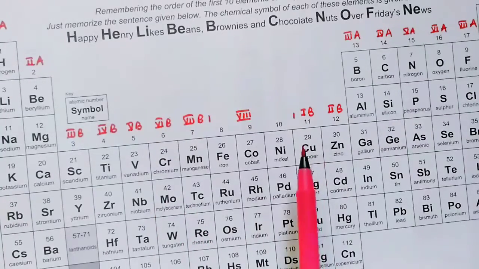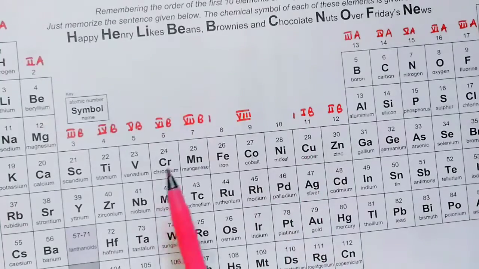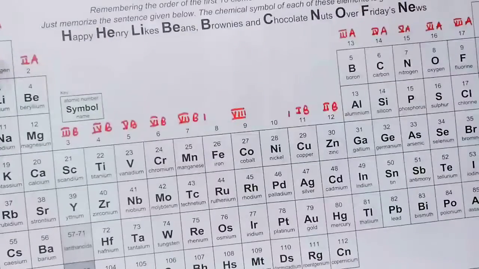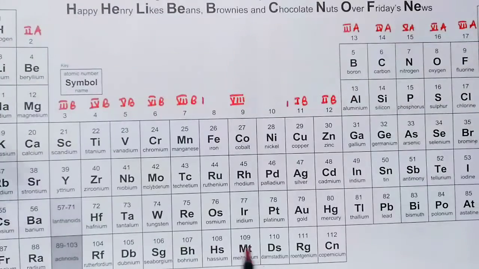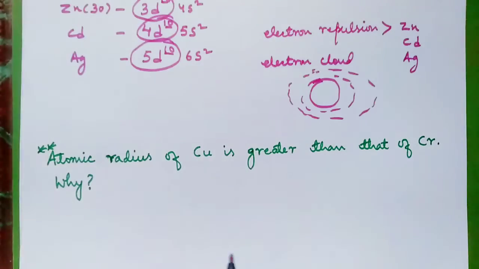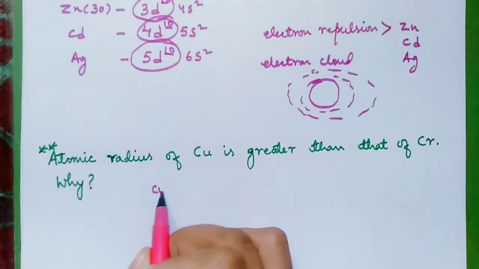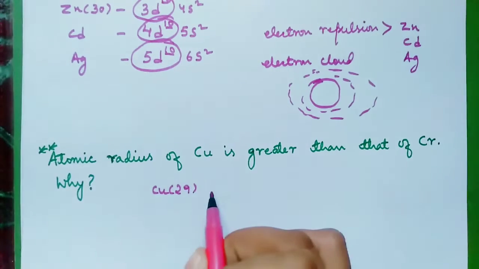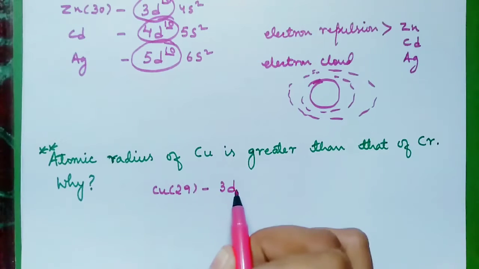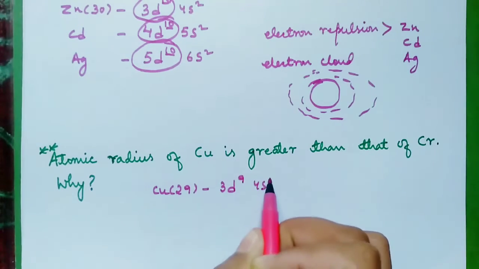But why is it that the atomic radius of copper is greater than that of chromium? That also we have to explain based on the electronic configuration. So look here. What is the atomic number of copper? It is 29. So the valence shell electronic configuration is 3d9 4s2.